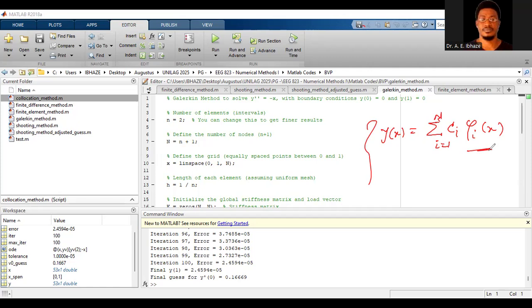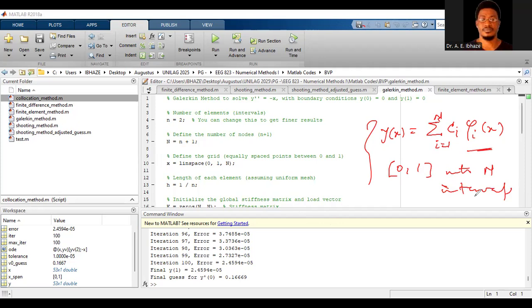And in this case, using this algorithm, we first have to discretize the domain by dividing the interval from 0 to 1, which is given, into n intervals. And then we'll choose a test and trial function.